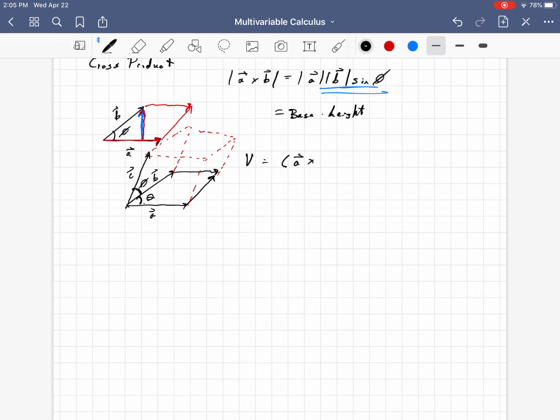So what I'm going to claim is that the volume is vector A cross vector B, I think, dot vector C. So the area of the parallelogram of the base is, of course, I think that's it.